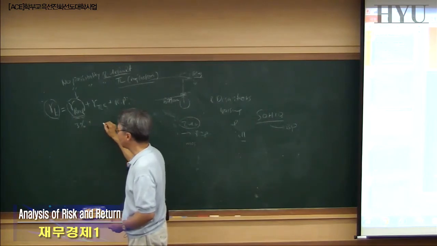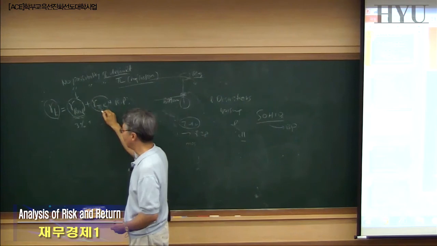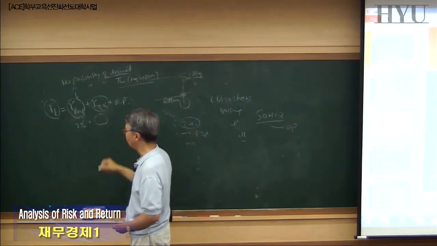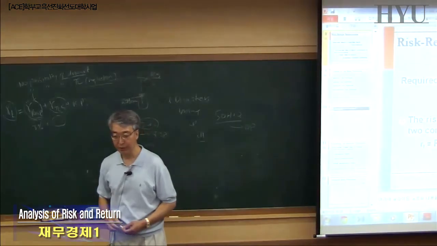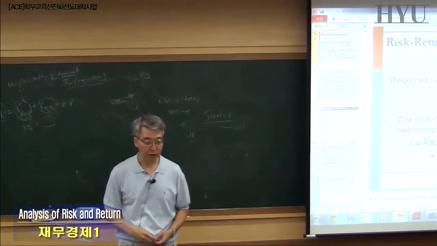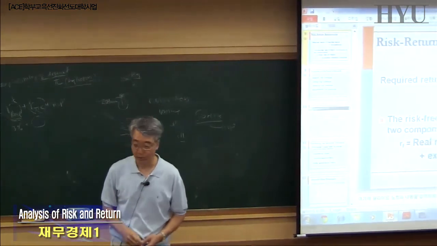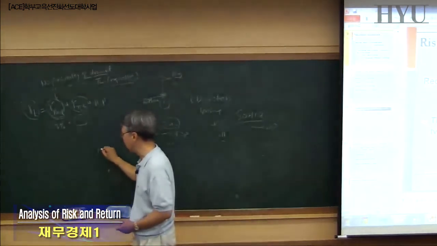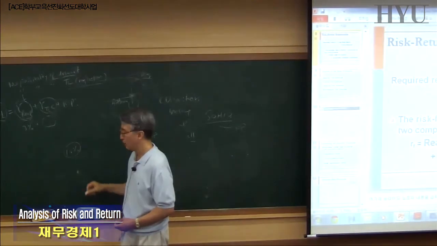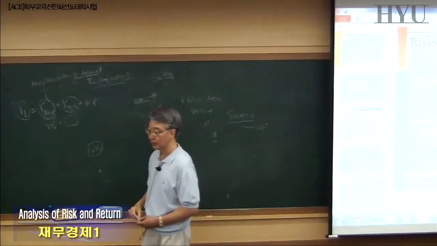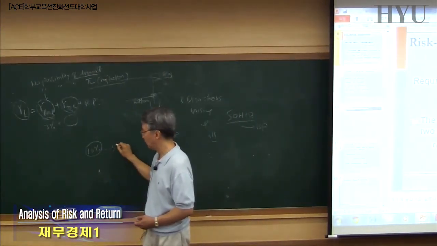But since there is typically expected inflation, people add a little bit to that, because when there is inflation, you lose money. Suppose you received a 10% return on your investment last year, but there was a 5% inflation.